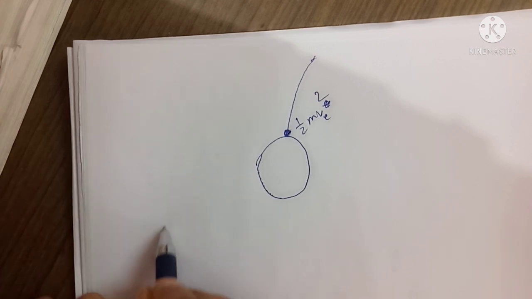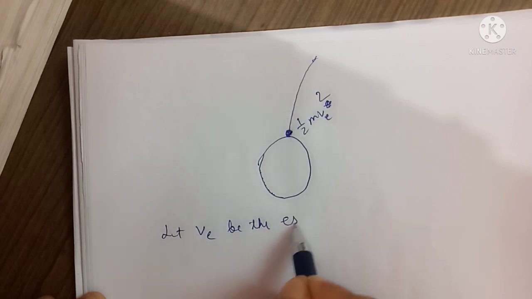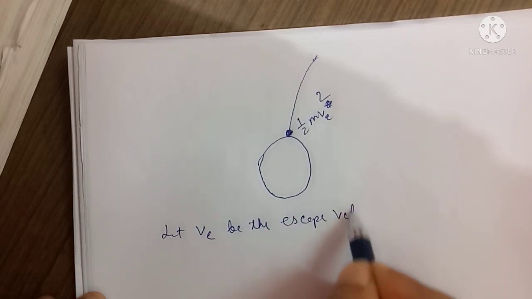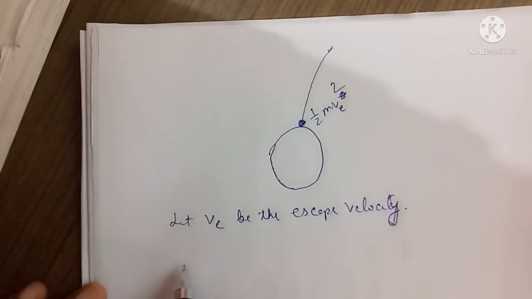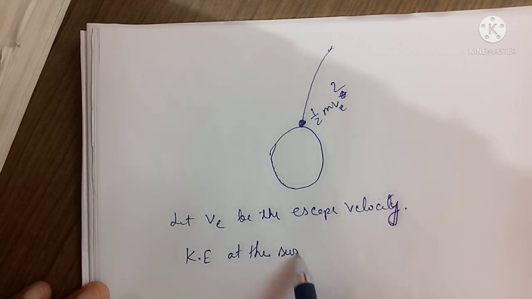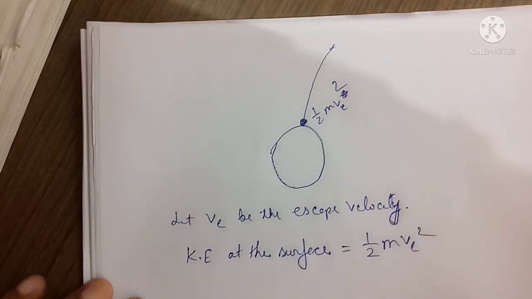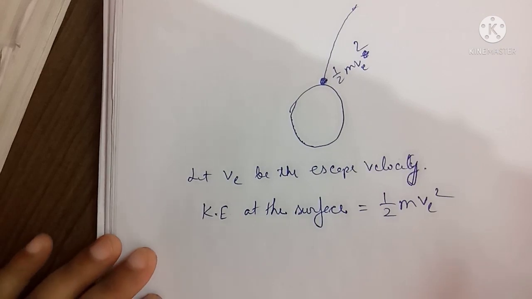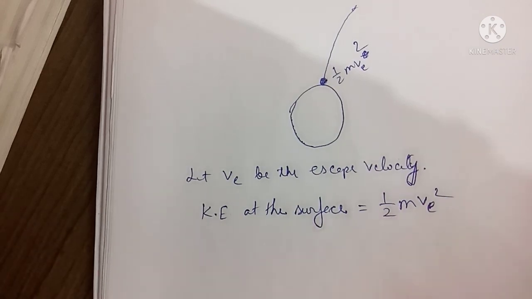So let Ve be the escape velocity, then kinetic energy at the surface is equal to half m Ve square. We already know the formula for kinetic energy. So if the escape velocity is Ve, it will be half m Ve square.